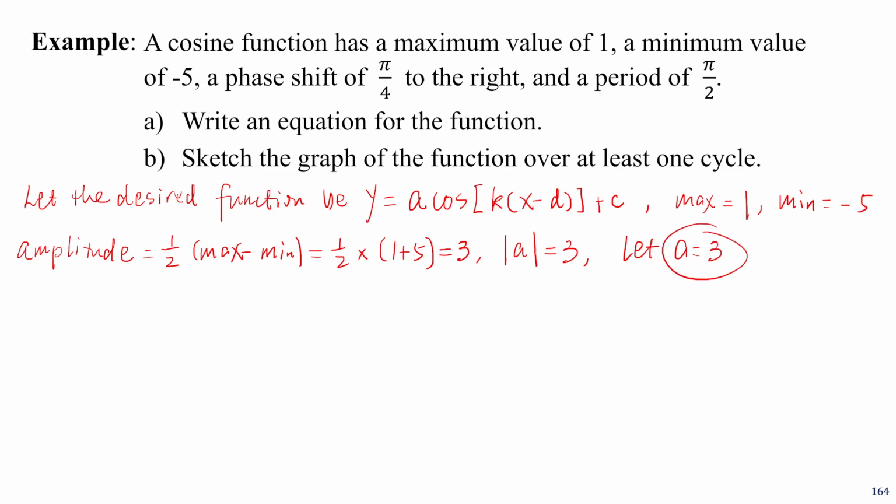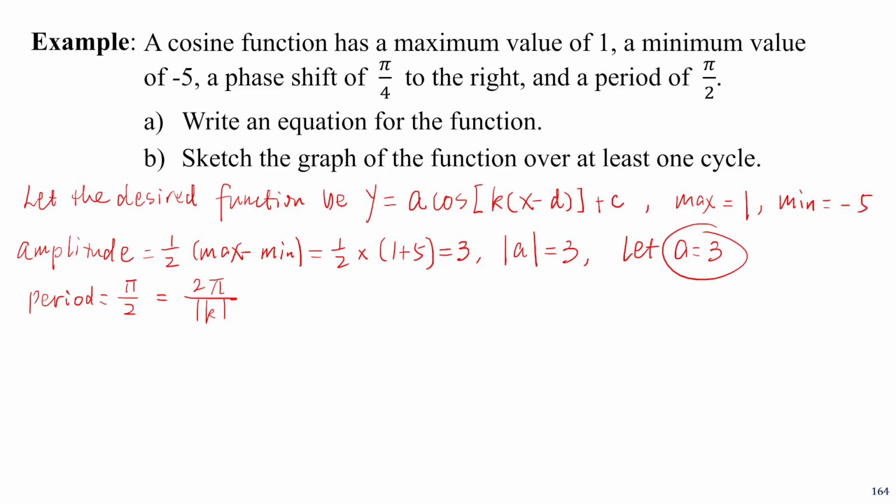Then you have the first parameter a, right? And then k has something to do with its period. Period is a half pi. So period equals a half pi. And on the other hand, we know period equals 2 pi over the absolute value of k. Okay, by default, the period means the minimum positive period.